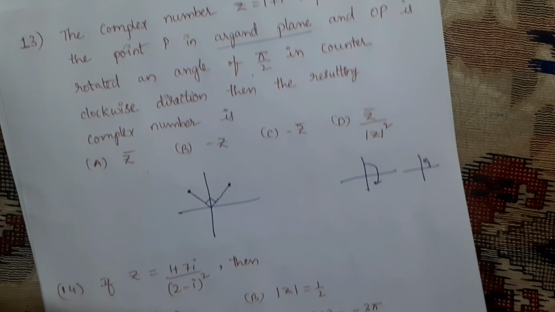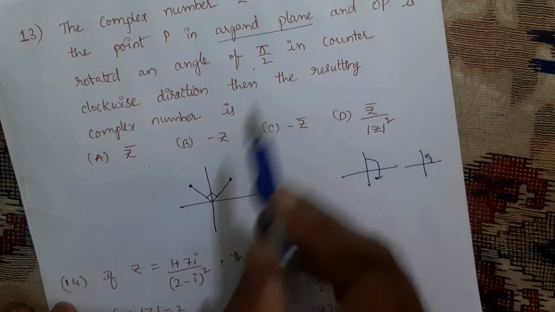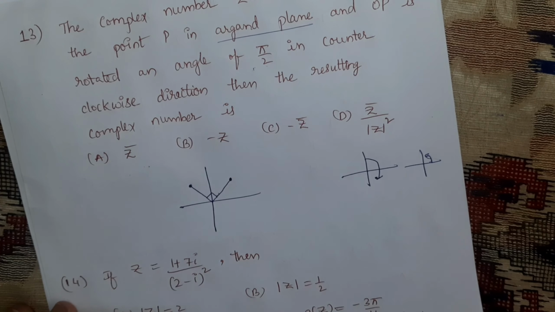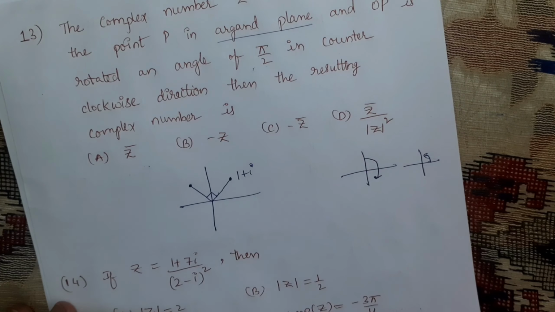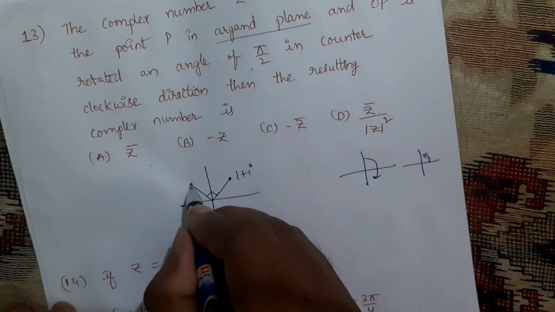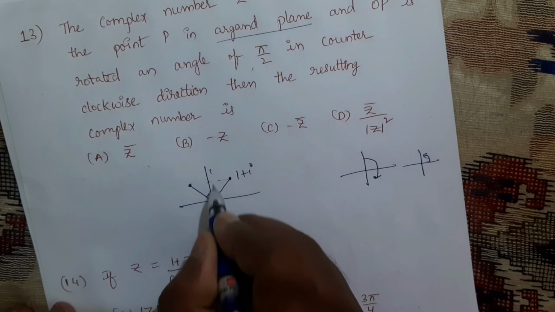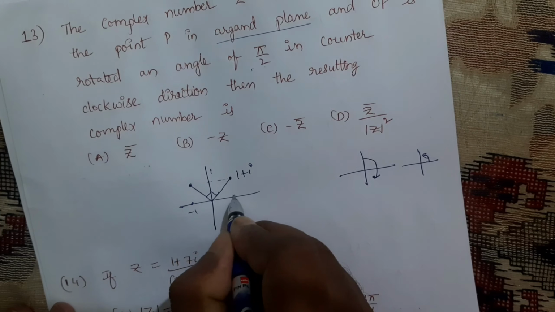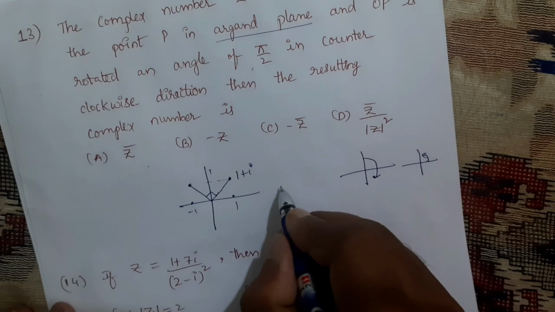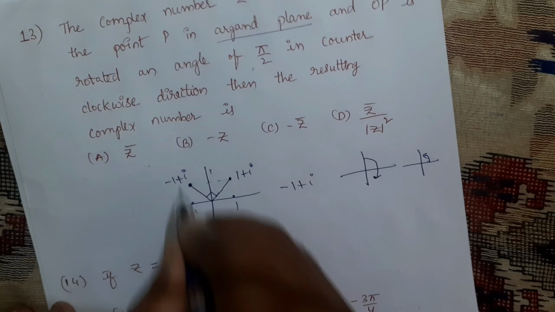As it is converted by 90 degrees, the resultant complex number is, so it is 1 plus i. If it is sent to the second quadrant, then what about this? This will be i only. This will become minus 1 instead of 1. So then it will become minus 1 plus i.